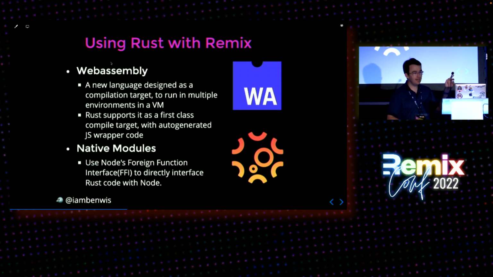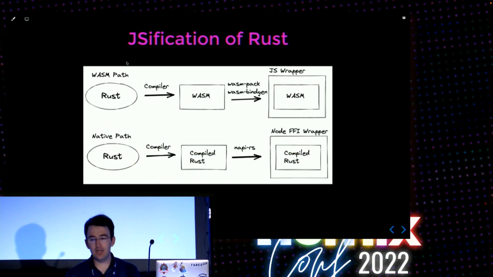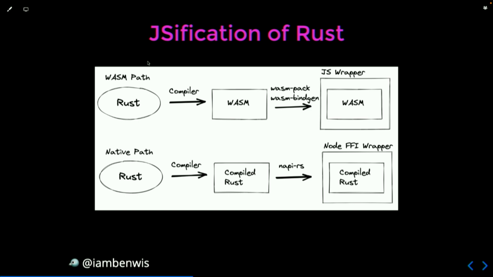You can either compile it into WebAssembly and then run it on either the browser or the server, or you can compile it into a native module that gets called from Node exclusively on the server. That's what the process looks like generally. Rust gets compiled into something else, and then it gets processed through a tool that auto-generates the JS wrappers you need to use it easily. It's really made my life easy for the most part.